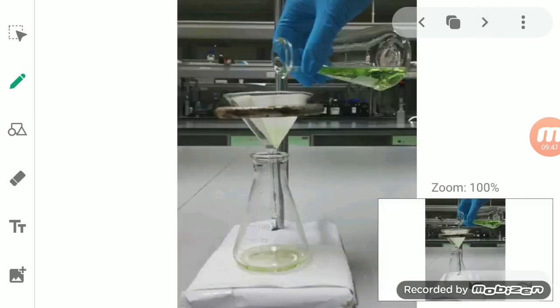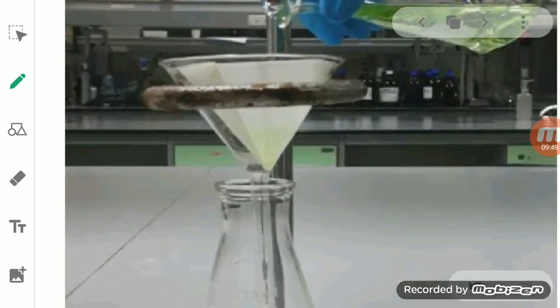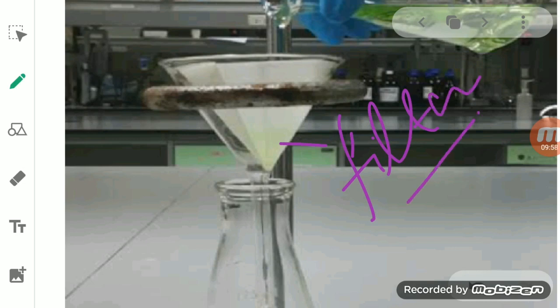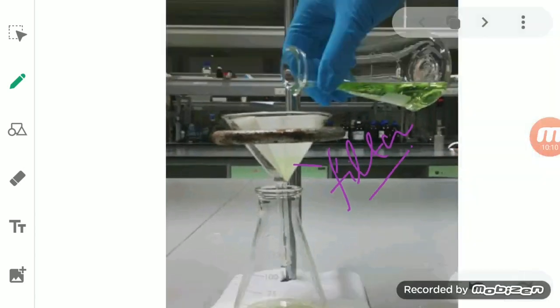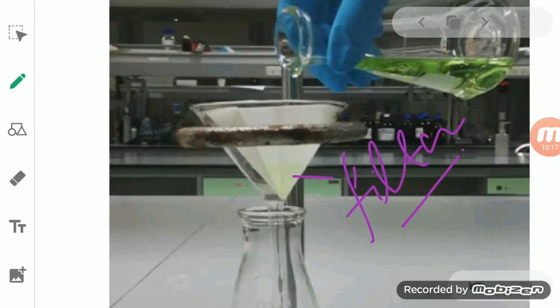I can show you here. You can see in this figure, this is the funnel, and in the funnel a paper is there. This paper is known as the filter paper. So we will take a filter paper and give it a cone shape, and then we fix that filter paper cone in the funnel, and with the help of the glass rod, you can see here, we can separate it.